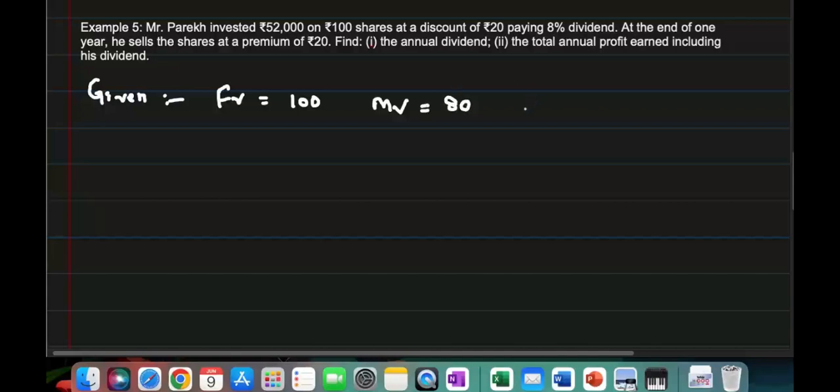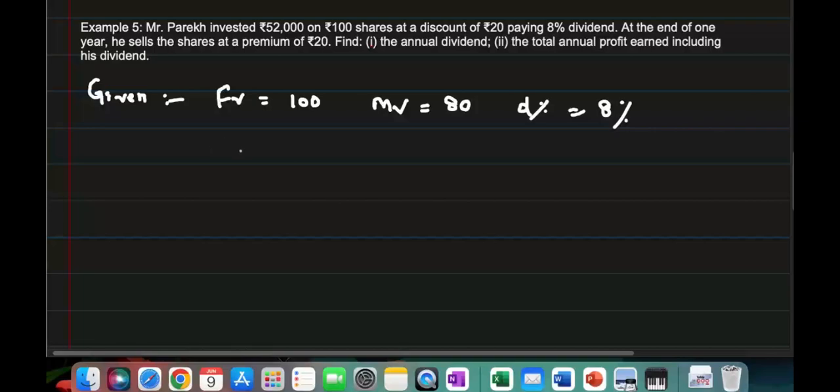And don't get confused between dividend percentage and discount percentage, both are different. So the dividend percentage is 8%, and at the end of 1 year he sells the shares at a premium of 20 rupees.